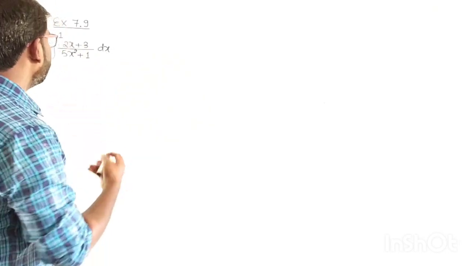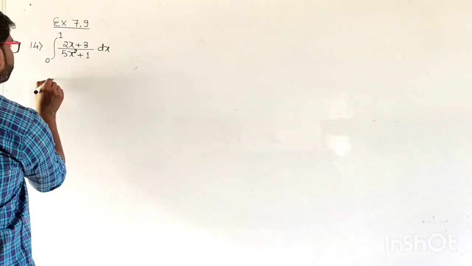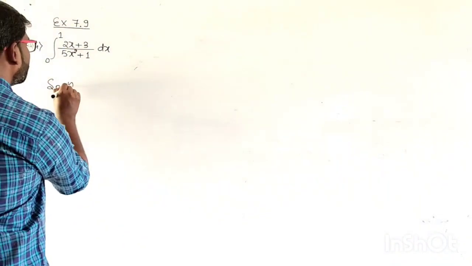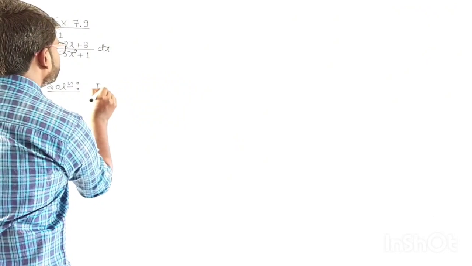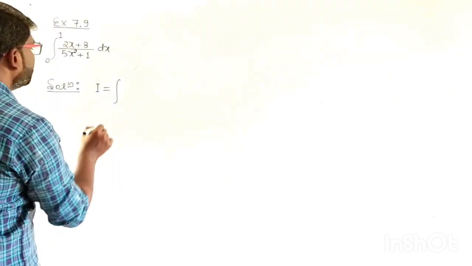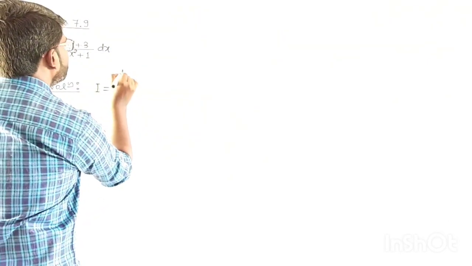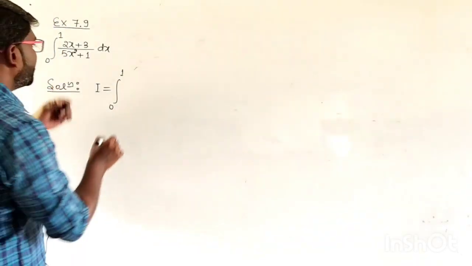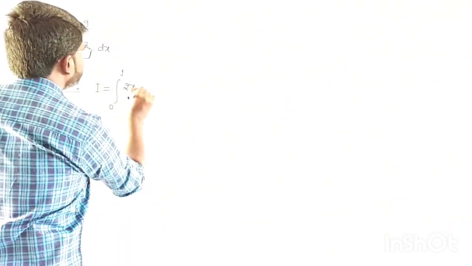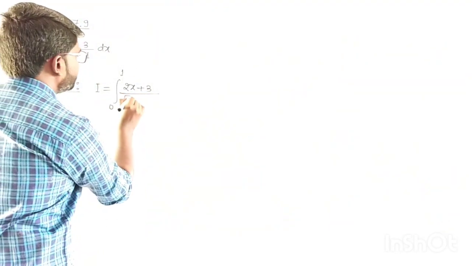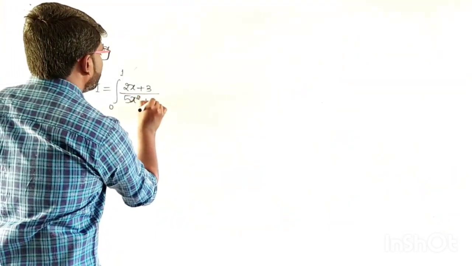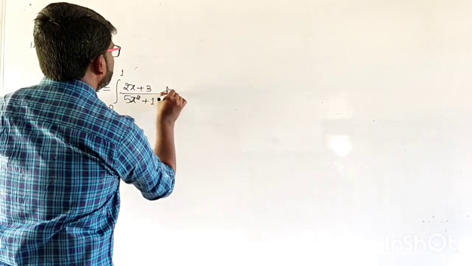So let us take this as I, which is equals to the integral from 0 to 1 of (2x plus 3) divided by (5x square plus 1) dx.